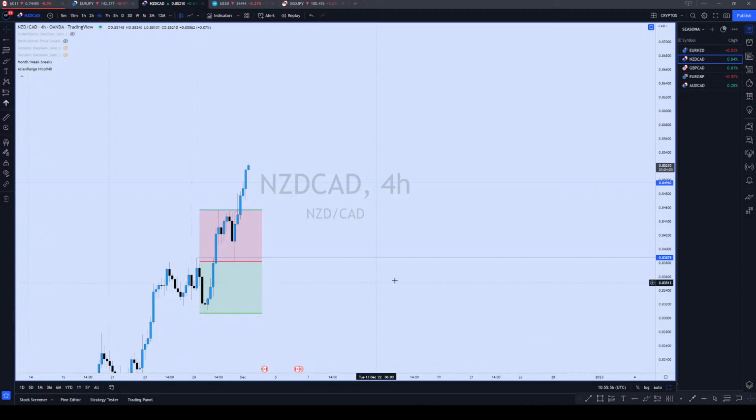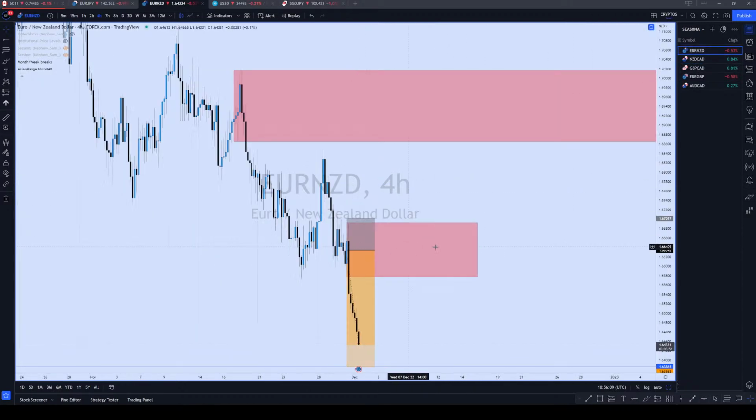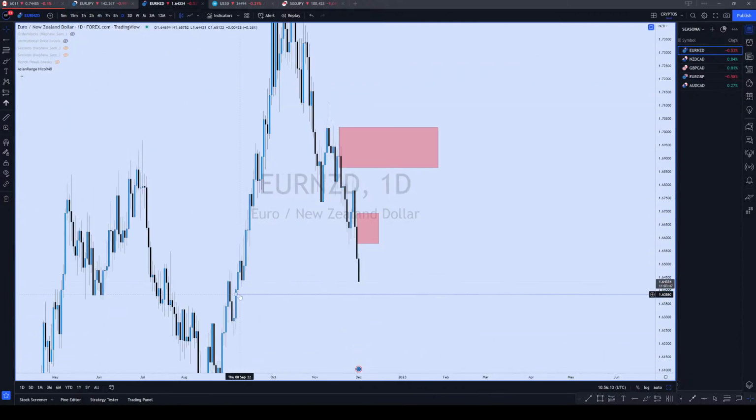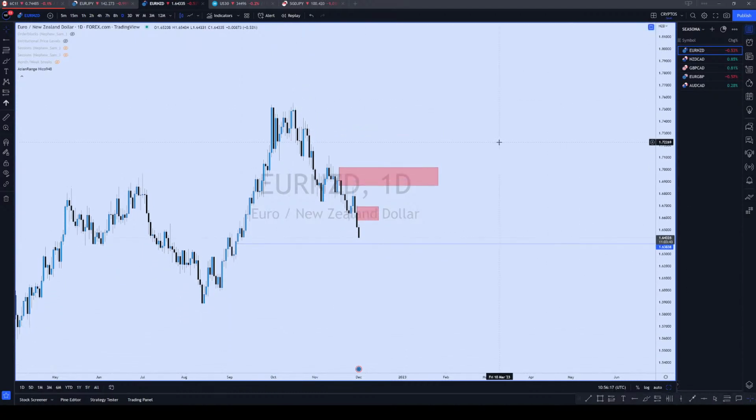So I got an entry which I'm not going to discuss, but you would have wanted to see price come down here and then look for a buy to continue going up. Euro New Zealand is another pair that I've been screaming that price is going to reach for this imbalance, and this was way back up here. Way back up here, and 1 month later this is where we are now.